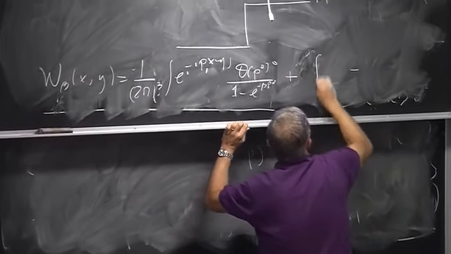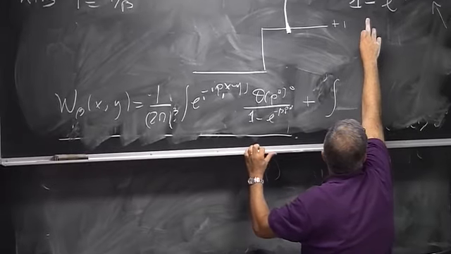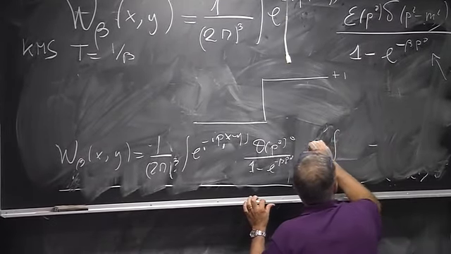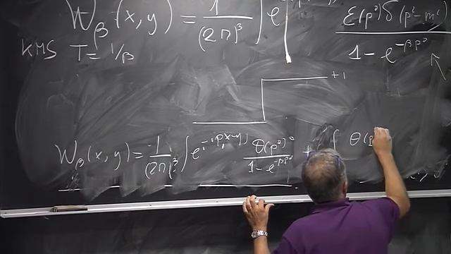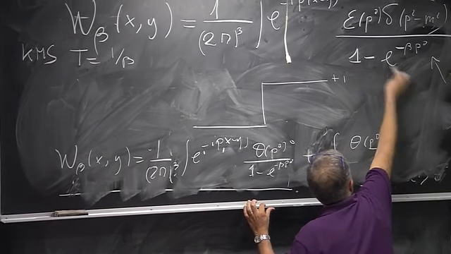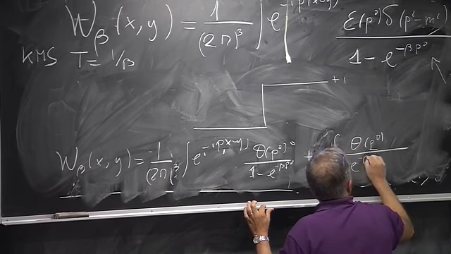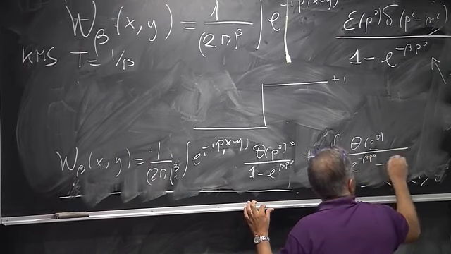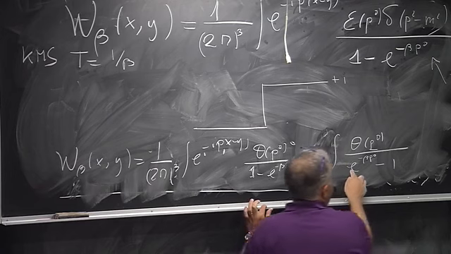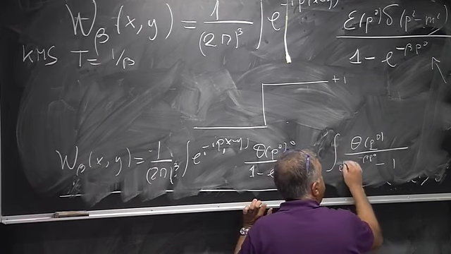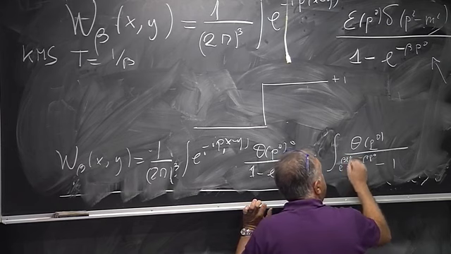And the second part, you will have minus theta of minus P0 here, but you change this into a plus, and you change the sign of the denominator. Then you get e to the minus beta P0 minus 1 here. Then multiply the numerator and the denominator by e to the beta P0.